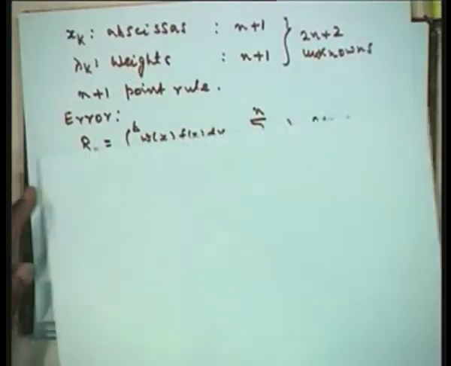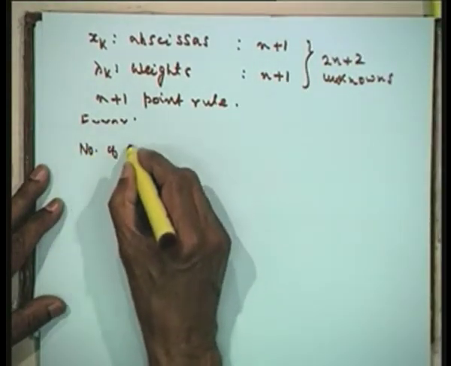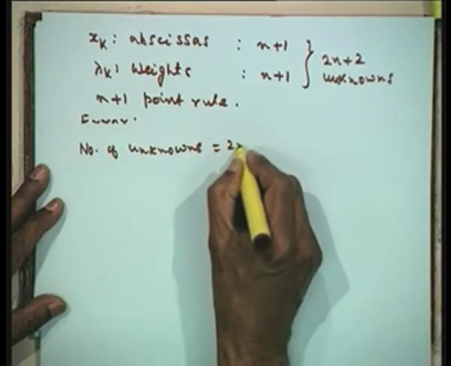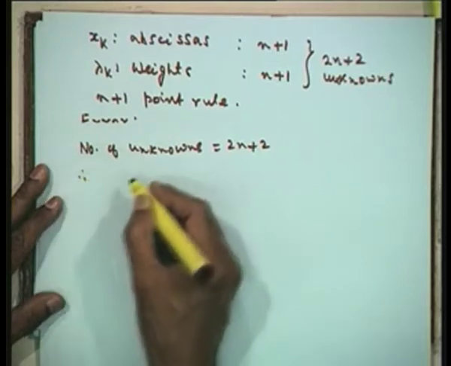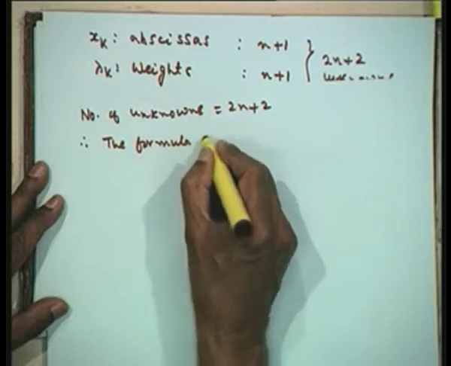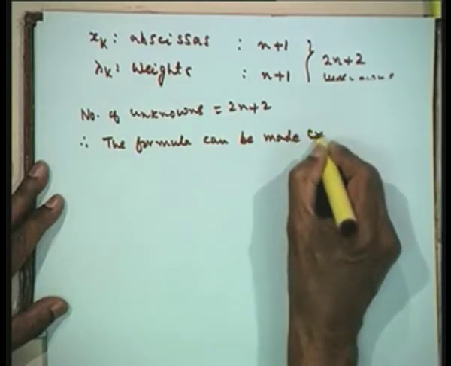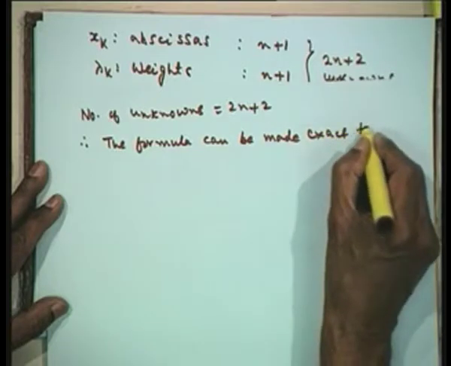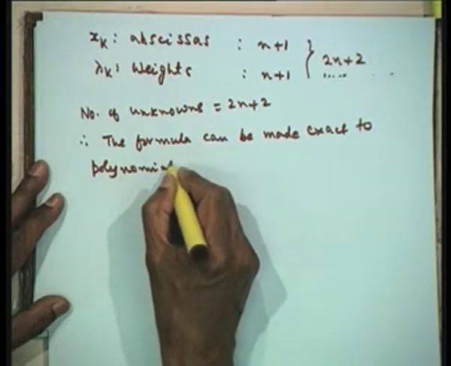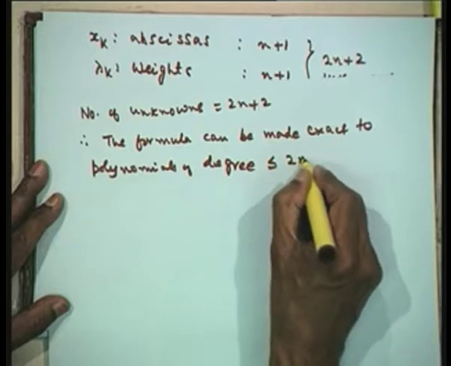So, since the number of unknowns in the general case is equal to 2n plus 2, the formula can be made exact to polynomials of degree less than or equal to 2n plus 1.